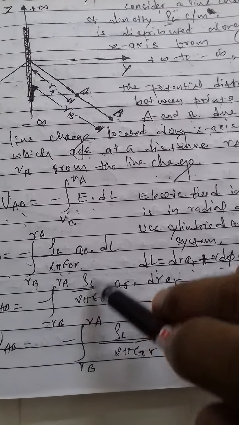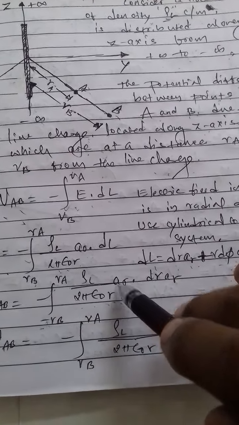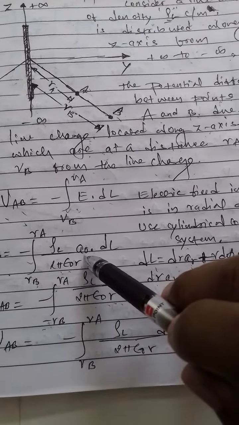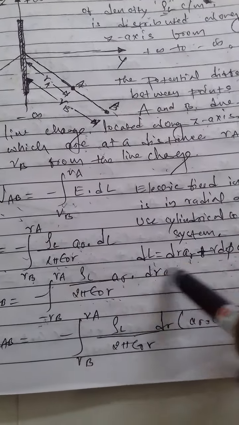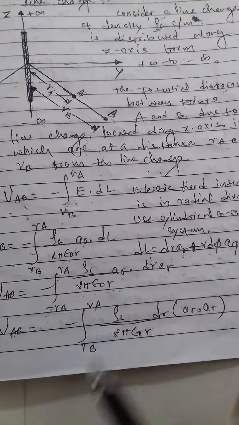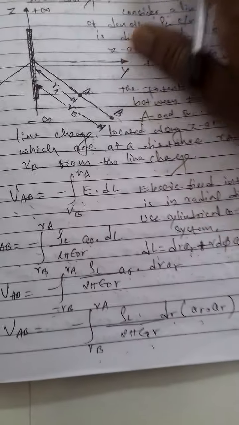Minus integral RB to RA rho L upon 2 pi epsilon naught R aR dot dr aR, because the field is in the radial direction, this is also in the radial direction, and the dot product of two unit vectors along the same direction is equal to 1.